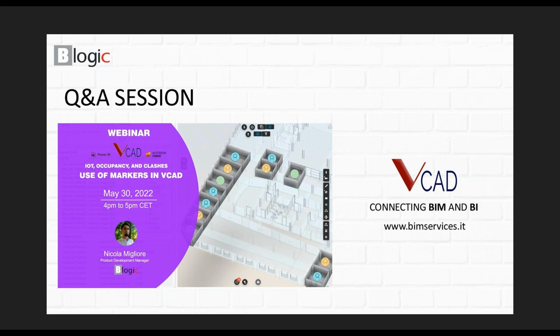Okay. So can markers be used in a real-time IoT scenario in Power BI? Yes. We actually have some examples of this happening. The idea is that you simply have your markers and you can set up an auto-refreshing Power BI report, which is constantly pulling in data through a data stream.